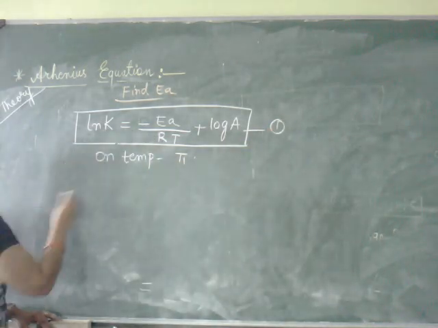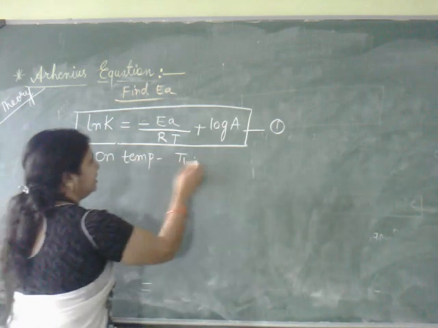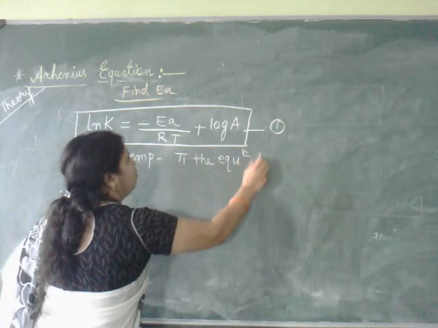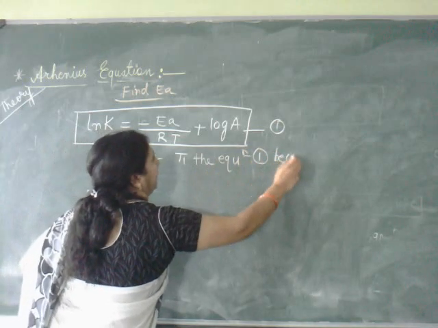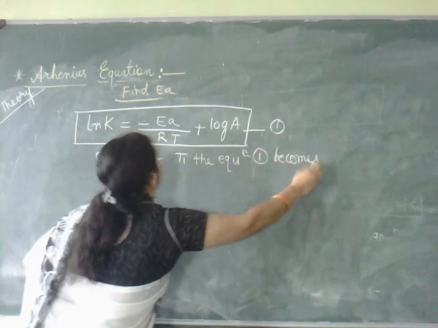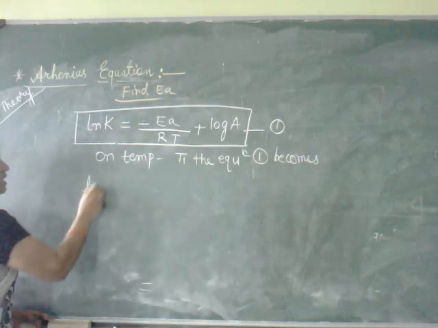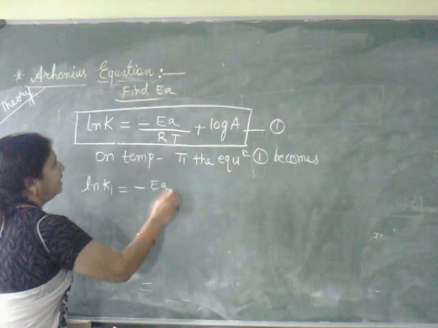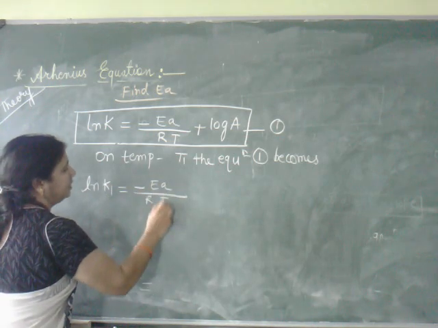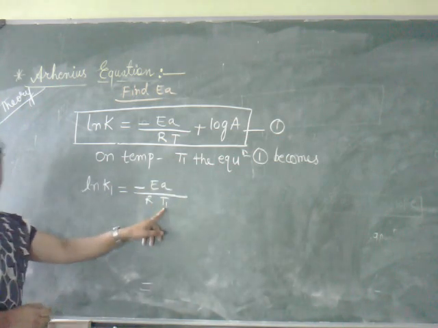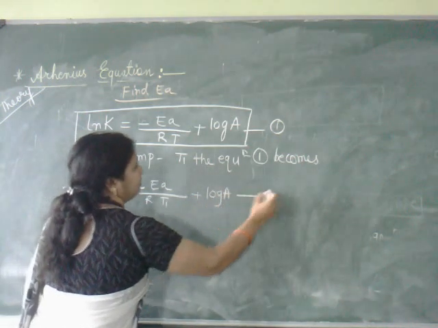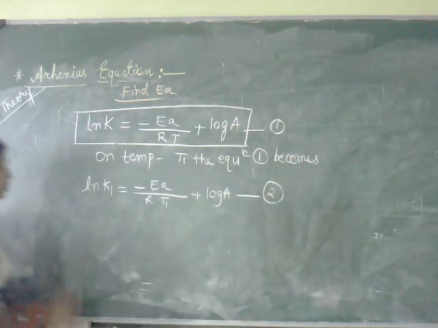So on temperature T1, the equation becomes ln K1 is equal to minus Ea by RT1 plus log A. Take this as equation number 2.